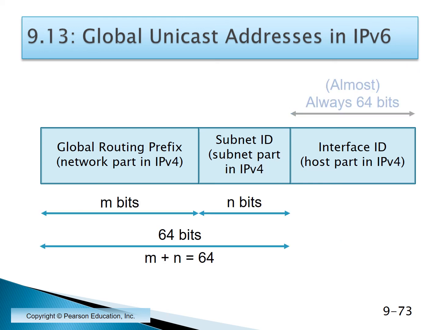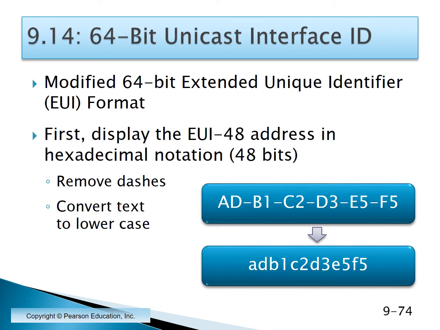So as I said, the first two parts here, the network part and the subnet part, total 64 bits. Okay, and then what is the other 64-bit part about? It's actually a modified 64-bit extended unique identifier format. Remember we talked about the EUI-48 addresses in an earlier chapter.